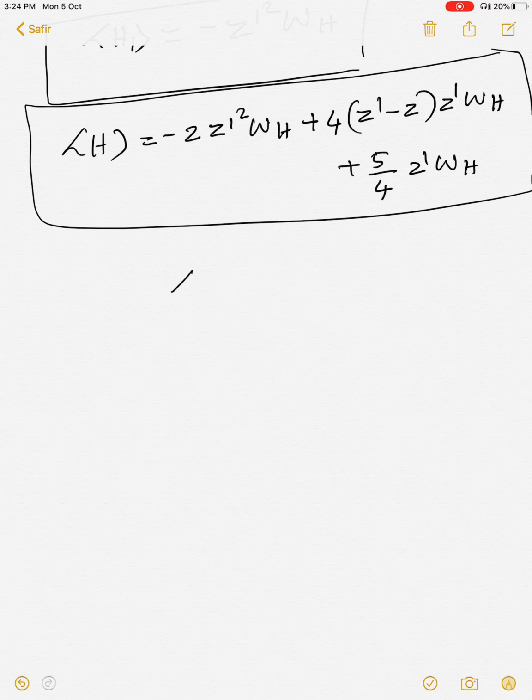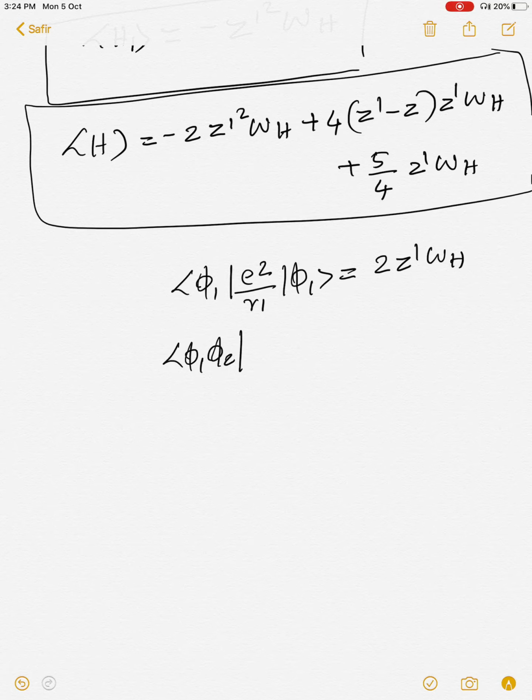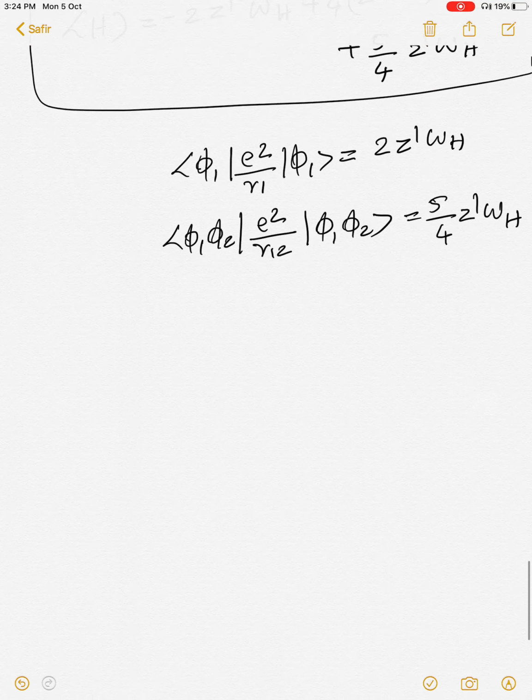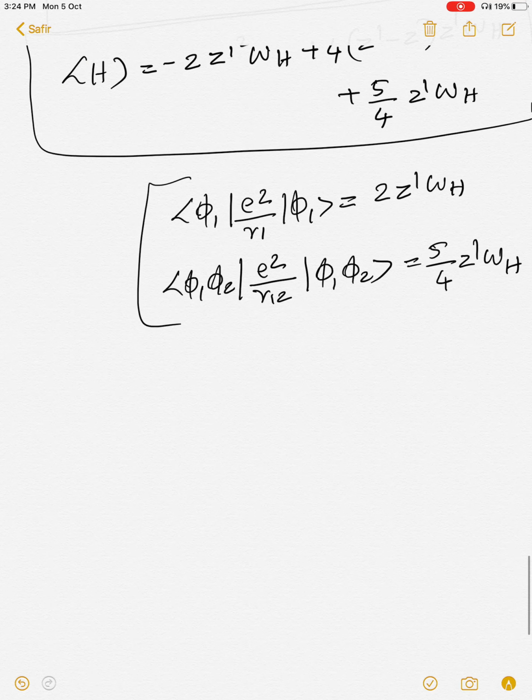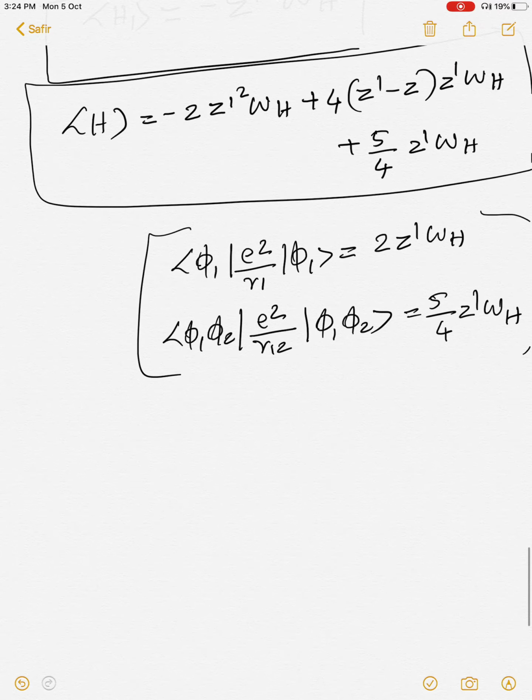While doing this, if you want, you can do this as an exercise: phi 1 phi 2 e square by r12 phi 1 phi 2 is equal to 5 by 4 WH. So I am going to use this integration and substitute this.